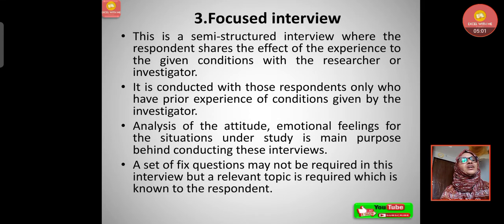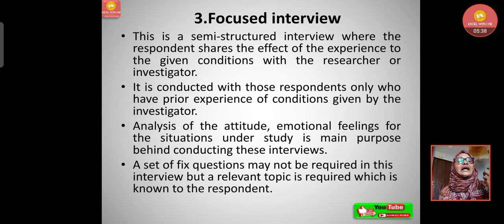Now the third one, focused interview. This is a semi-structured interview where the respondent shares the effect of the experience of the given conditions with the researcher or investigator. Now it is conducted only with those respondents who have prior experience of the conditions given by the investigator. Obviously this is semi-structured, meaning half can be prepared and spontaneously on the spot the interviewer can ask the interviewee related to the experience, whatever the conditions, with the researcher or investigator.